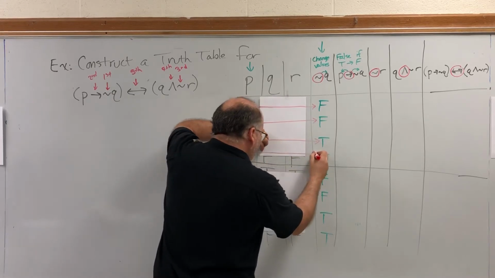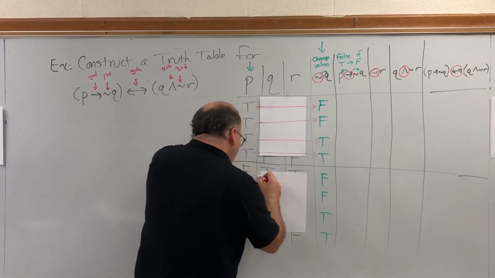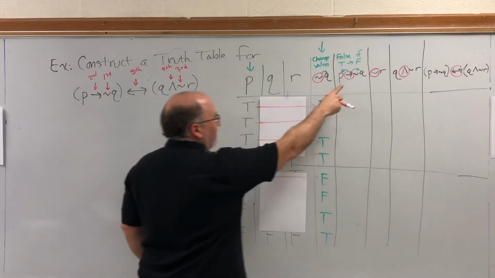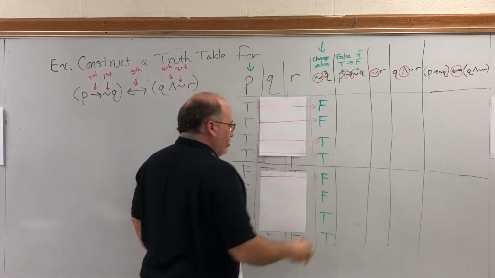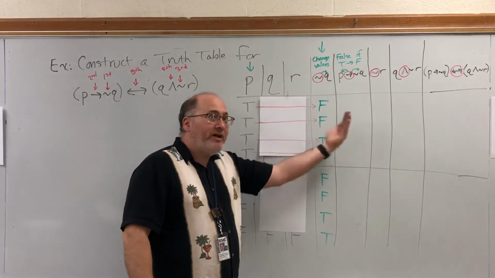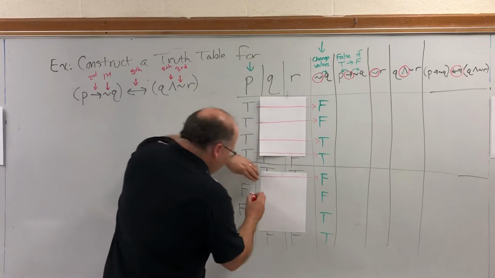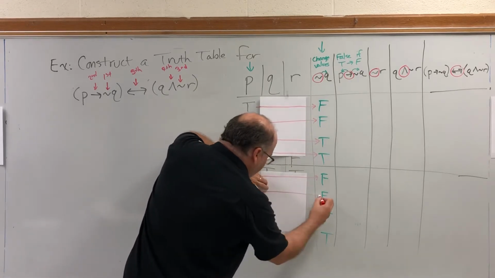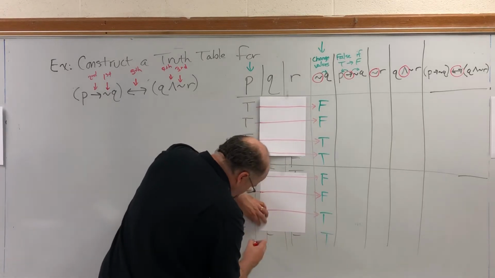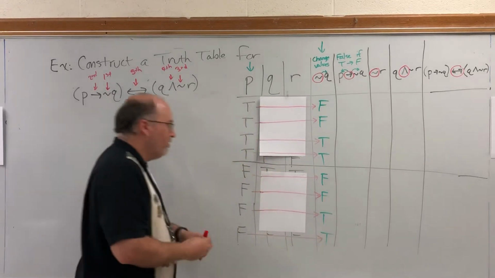But the order matters in a conditional, so I'm literally going to draw the arrows pointing from the left to the right. In this case, the P column to the negation Q column. Sometimes the columns you're looking at are not left to right, but right to left. That's when it's even more important to draw the arrows to help you focus on the correct direction. And I'll just have to draw right through there.